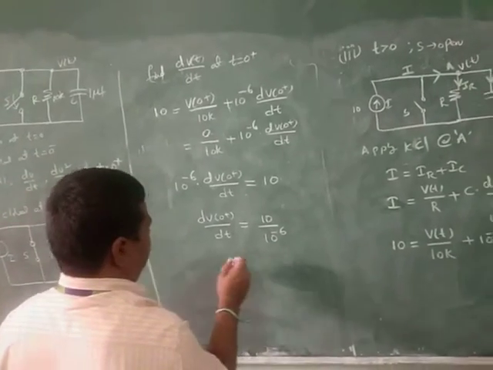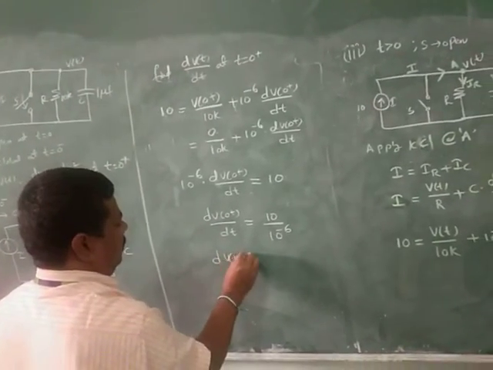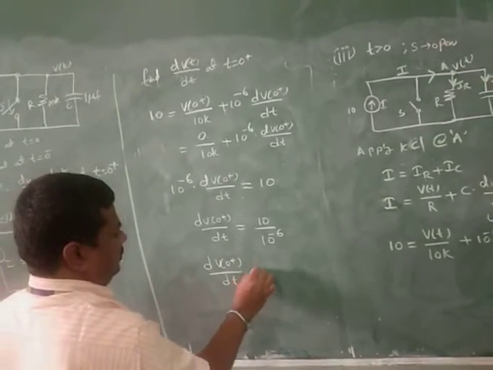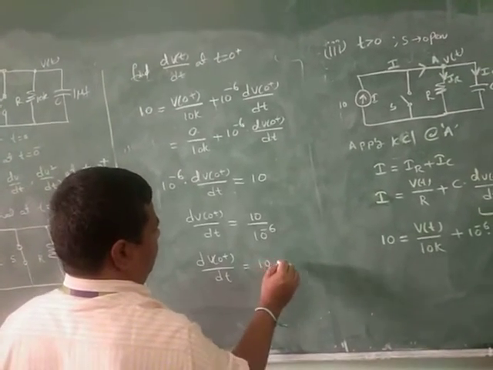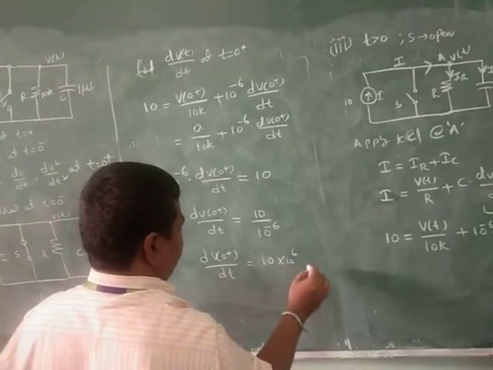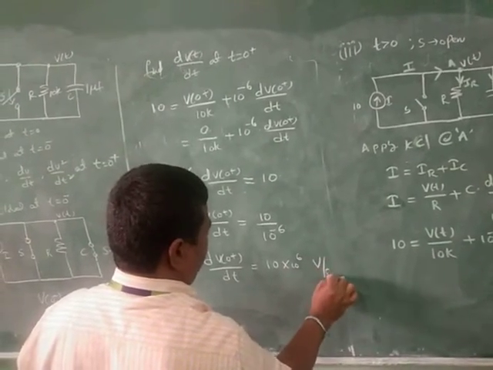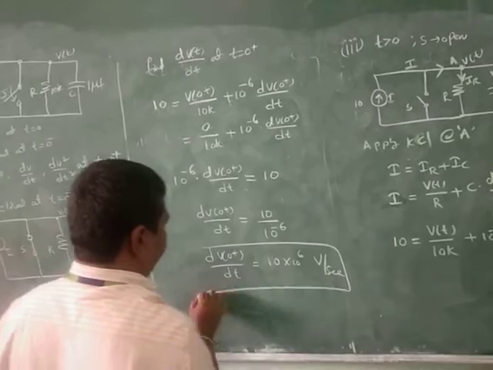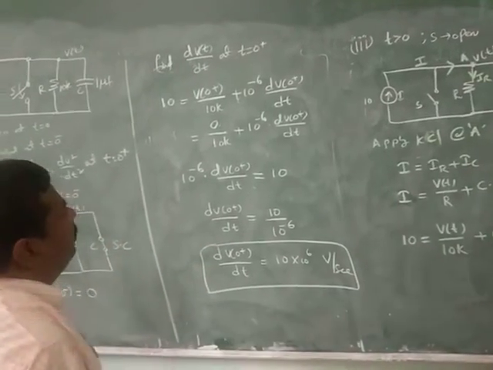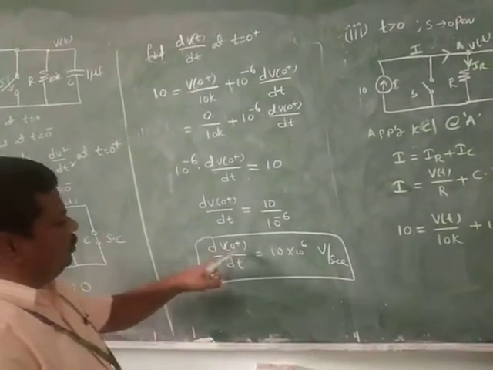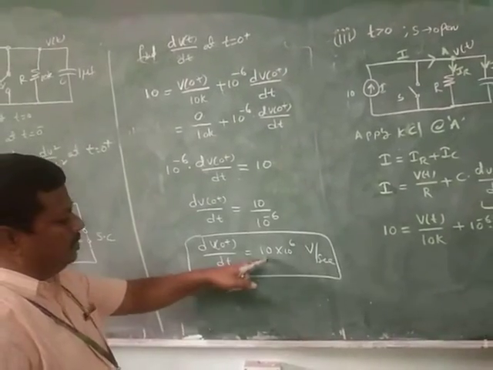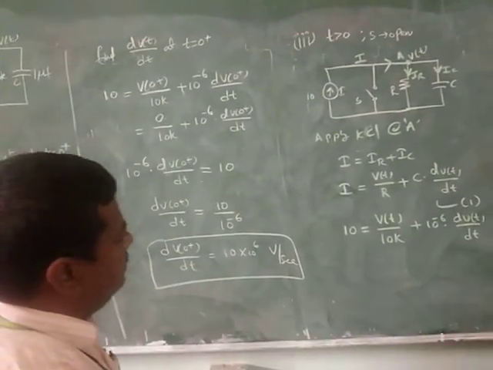Then that is equal to 10 into 10 power 6 volt per second. That is, dV of 0 plus by dt is equal to 10 into 10 power 6 volt per second.